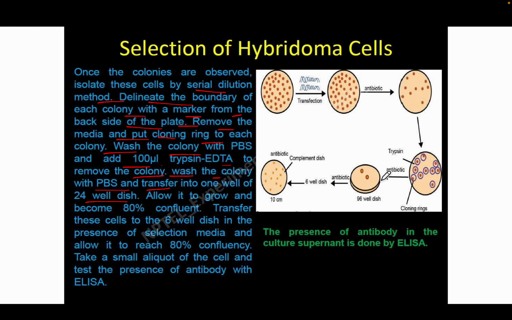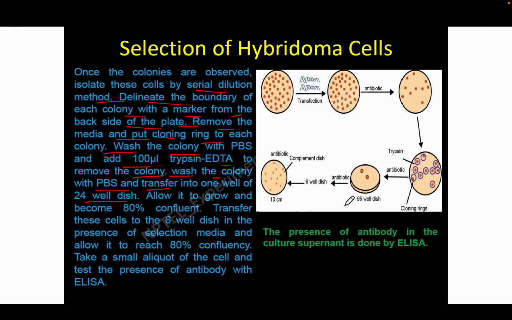diluting those colonies. So you are delineating the boundary of each colony with a marker from the back side of the plate. You are just selecting those colonies individually, removing the media and putting a cloning ring on each colony. Wash the colony with PBS and add 100 microliters of trypsin EDTA to remove the colony, and wash the colony with PBS. Allow it to grow and become 80% confluent.